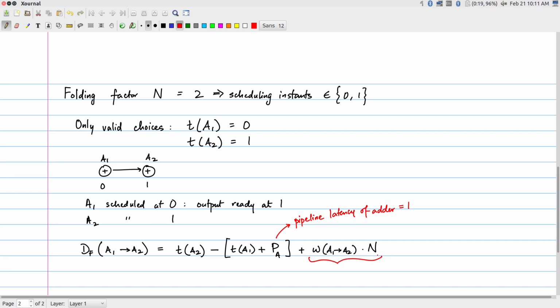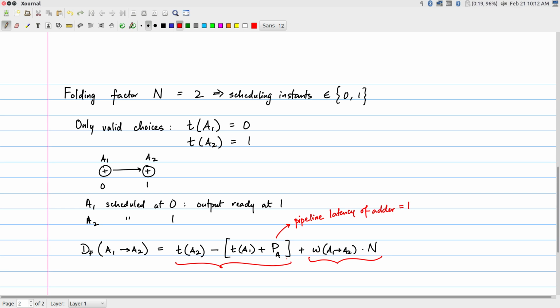Effectively it's saying, I computed the value of A1 in one previous iteration, I then just store it for N extra cycles and you then use it for A2. The interesting thing is that T of A2 can now be less than T of A1 if W is greater than 0. I don't care if T of A2 minus T of A1 plus PA is negative, because the W might be sufficient to bring it positive.